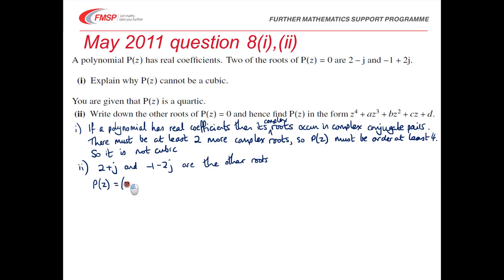So we've got z minus 2 minus j, z minus 2 plus j. Make sure that your 2's don't look like z's. Z minus 1 plus 2j, and z minus 1 minus 2j.